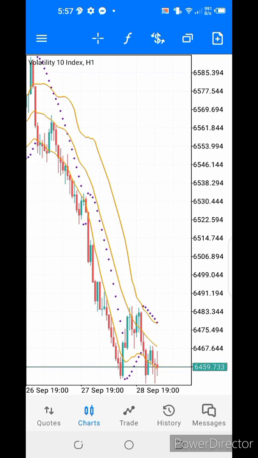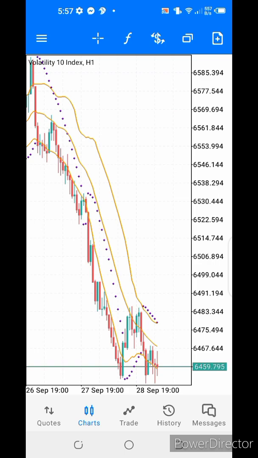In the previous clip, I explained that you generate signal on higher time frame and take your entry on lower time frame. For example, you generate signal on a day time frame and take your entry on what? On 15 minutes time frame. Or you generate your signal on 4 hours time frame and take your entry on 15 minutes time frame.